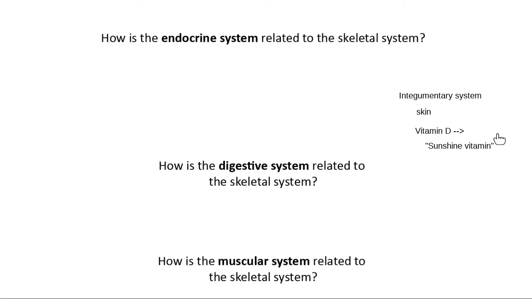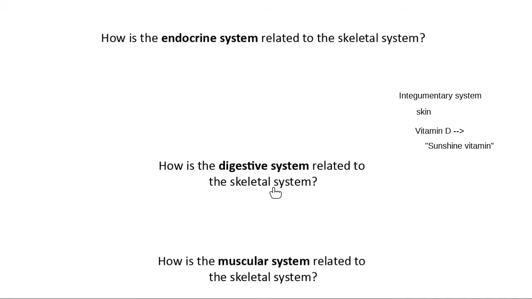Vitamin D is something that we need in our body to be able to absorb dietary calcium. So when we're talking about the relationship between the digestive system and the skeletal system, I absorb calcium from my diet to go into my bloodstream, to go into my bones.